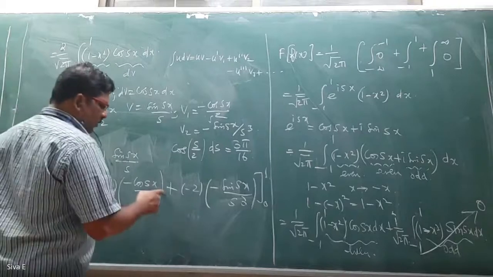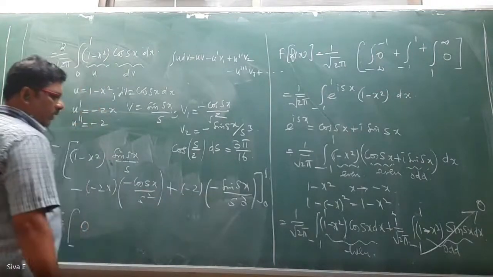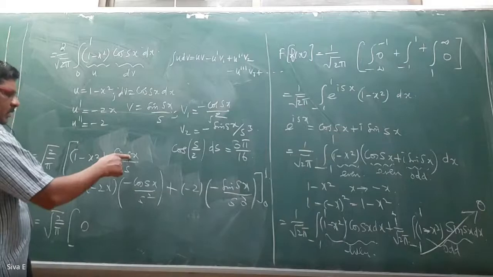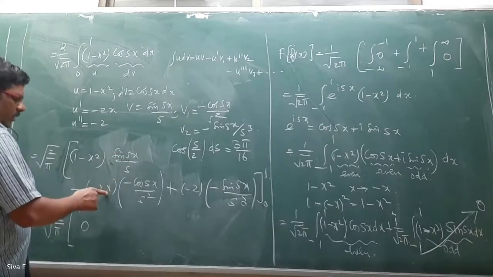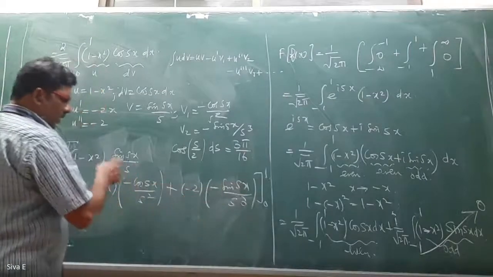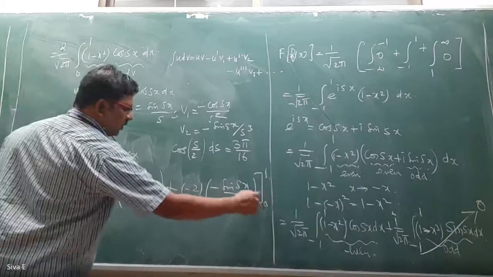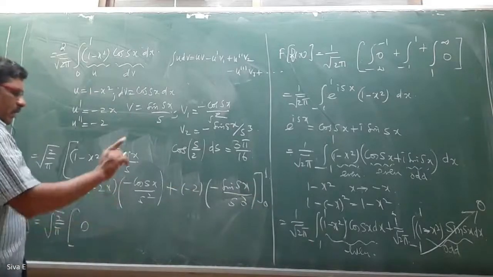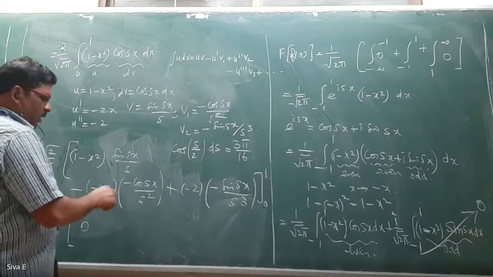All the values at the lower limit are equal to 0, because sin 0 is 0. Therefore, all three terms are 0 at the lower limit. Only the upper limit applies to the two terms.